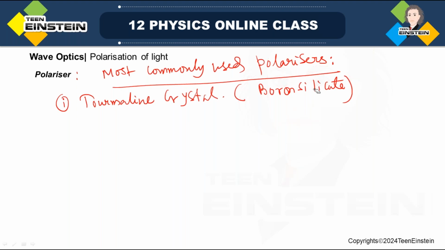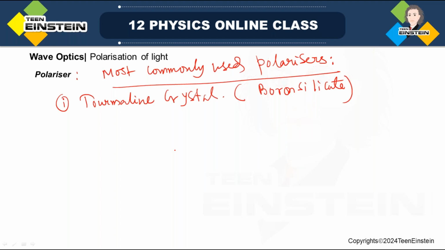It is constructed in such a way that it polarizes the light. To use this tourmaline crystal as a polarizer, we first take a crystal and cut it in such a way that its plane contains a unique optic axis. Then an unpolarized light, upon passing through the crystal normally, will be polarized light.